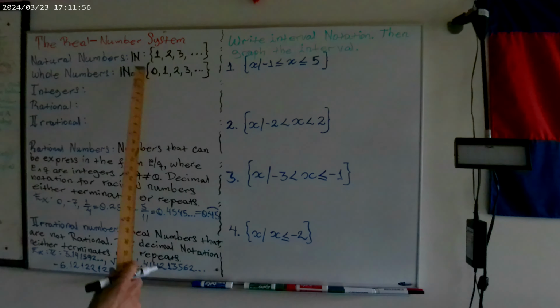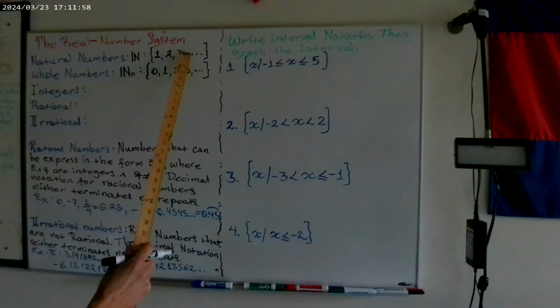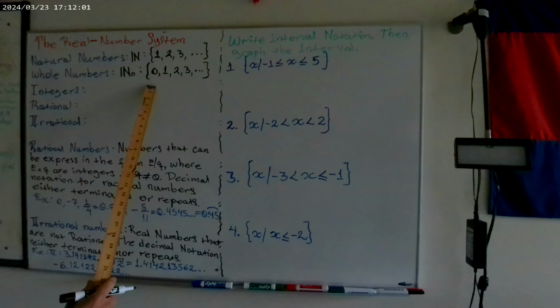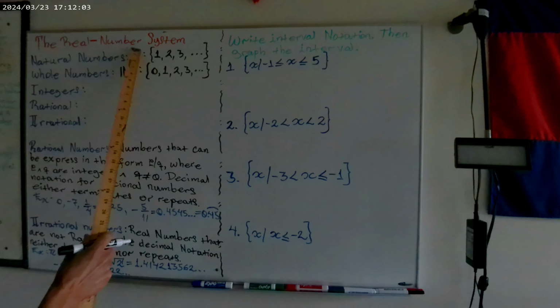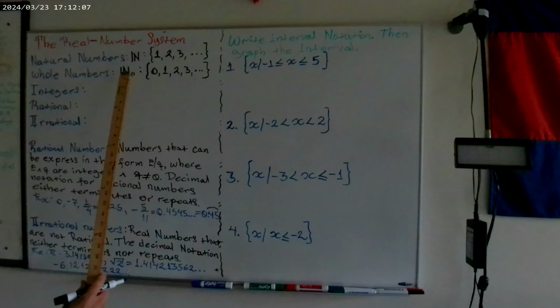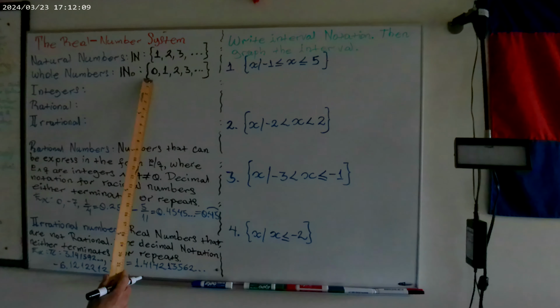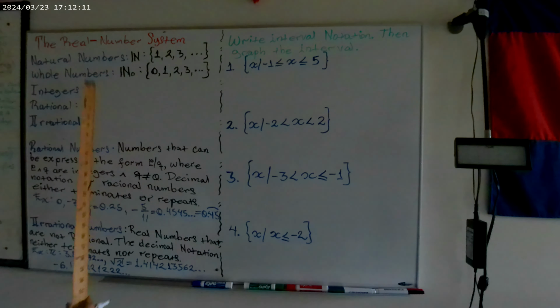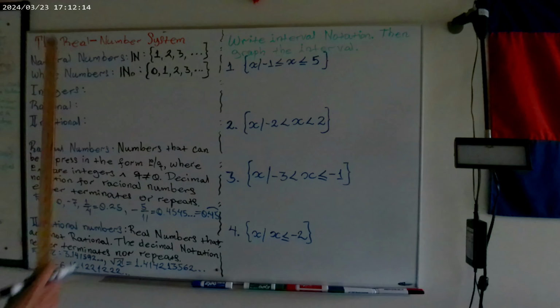So we can see the natural numbers are included in the whole numbers. What's the difference between the natural numbers and the whole numbers? Well, the difference is that the whole numbers include the 0, right?